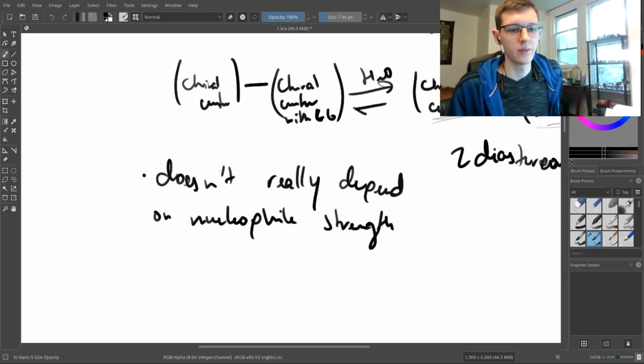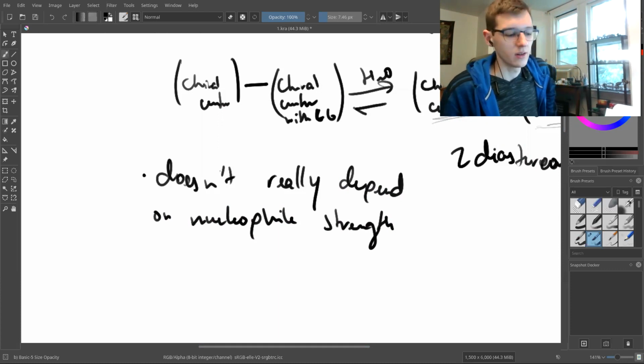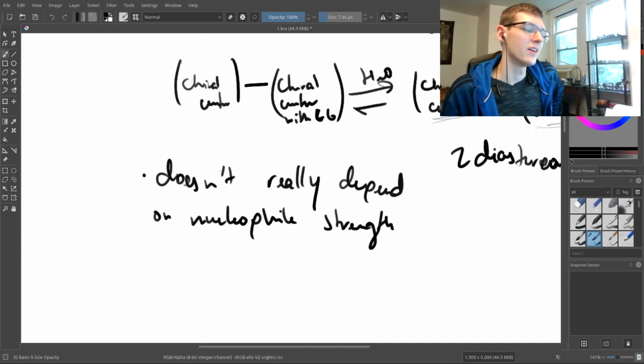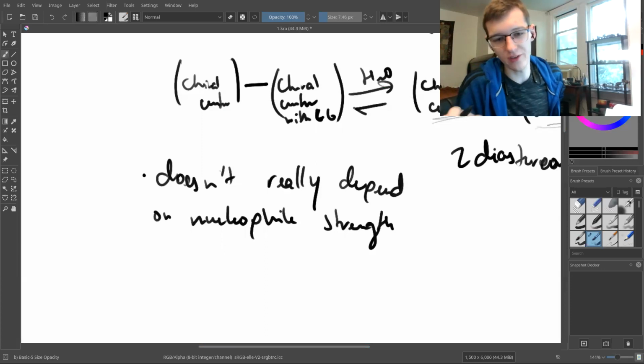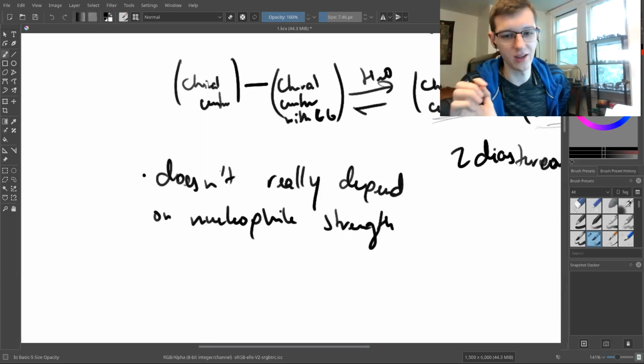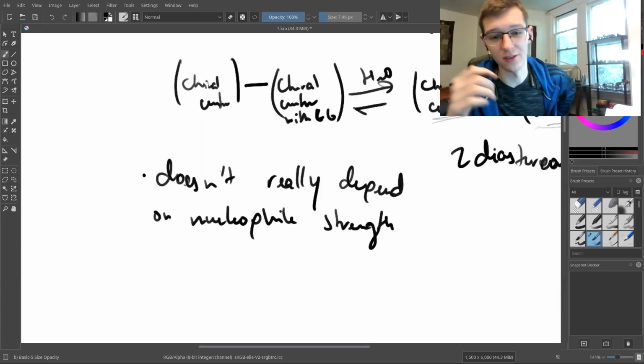Okay. And that's a kind of good thing. Because if you have a really strong nucleophile, it can do some other messy stuff with the rest of the molecule, right?